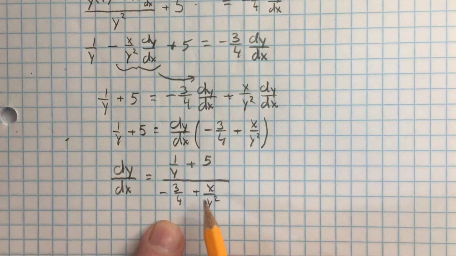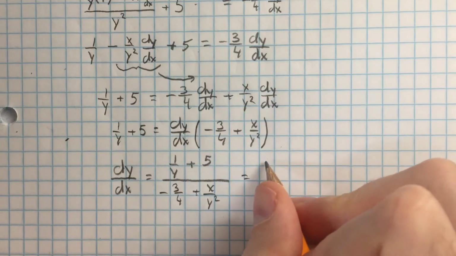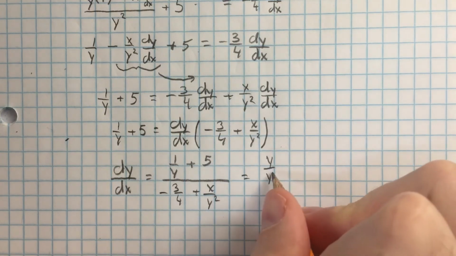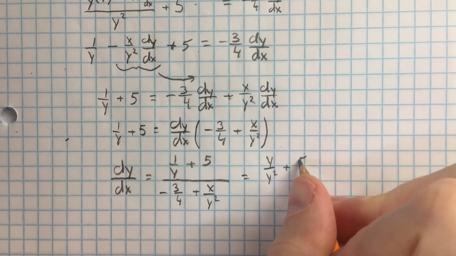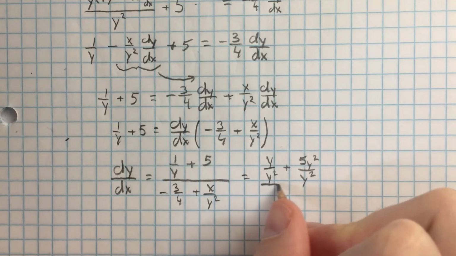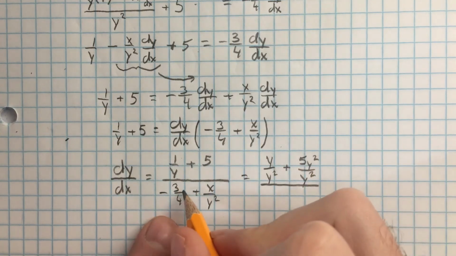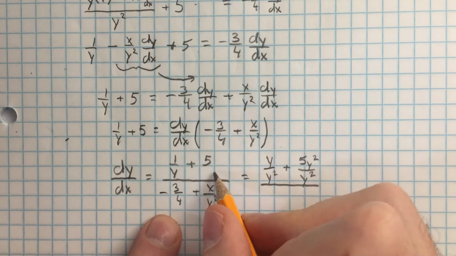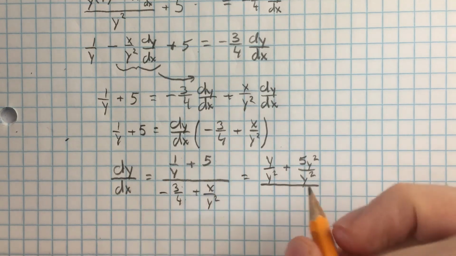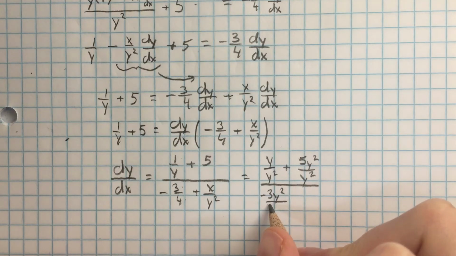If we give everything the same denominator of y squared, it would look more like this. y over y squared plus 5y squared over y squared. Given this y over y, so it has the correct denominator, and this one, y squared over y squared, has the correct denominator, and this one, y squared over y squared as well. So I have negative 3y squared over 4y squared.